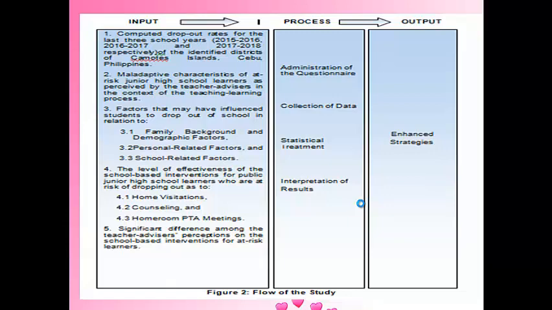Then in the process, this is the part where you will talk about how the data is gathered, how it is statistically treated, and how it is presented in interview. For the output, an example is enhanced strategies, or a plan, or whatever output is stated under the specific problem.